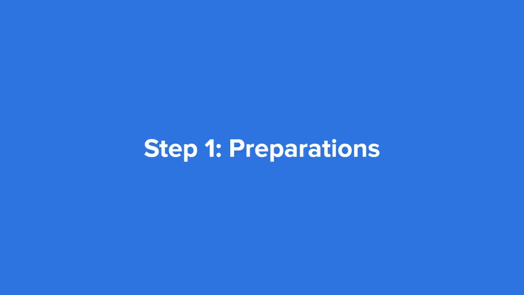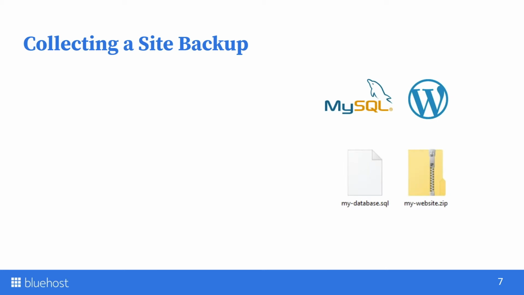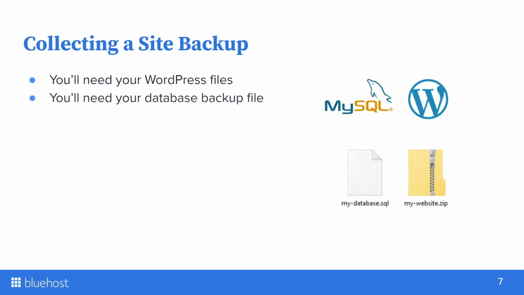So step number 1, preparations. The very first thing that you'll want to do as a part of step 1, and whenever you're starting a migration, is collect a website backup. This backup will be of your WordPress files, and a backup of your database.